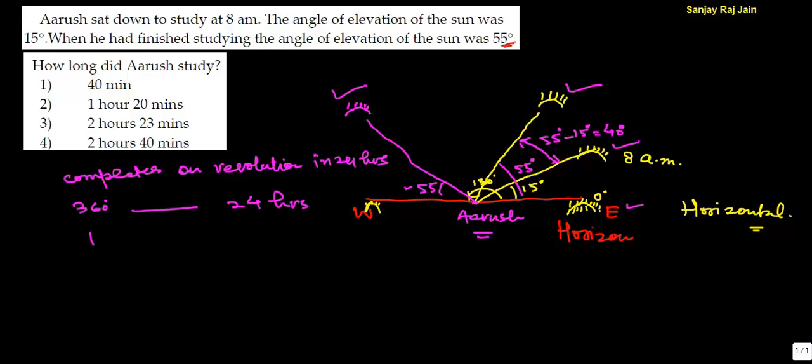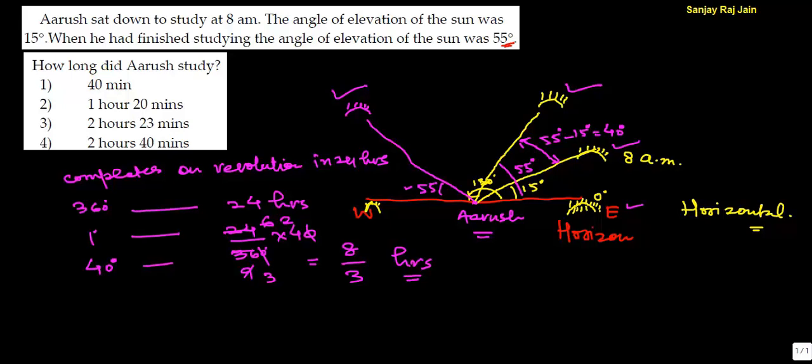So 1 degree of angle is covered in 24 by 360 hours, and 40 degrees of angle is covered in 24 by 360 into 40, which makes it 8 by 3 hours.